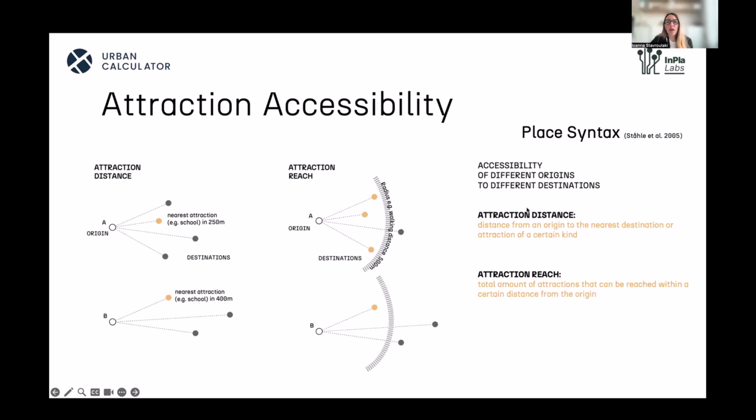And then again, we have two different measures. One is called attraction distance or proximity, and is a distance from an origin to the nearest destination or attraction of a certain kind. And then we have attraction reach, which is the total amount of attractions that can be reached within a certain distance from the origin.